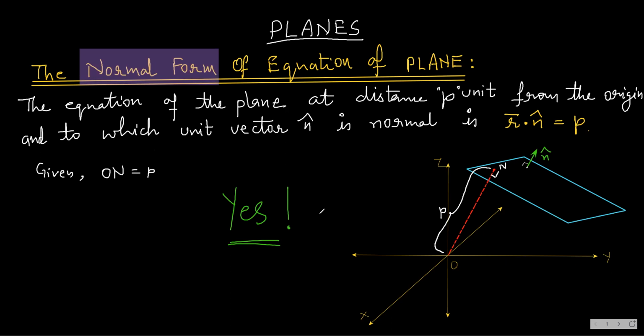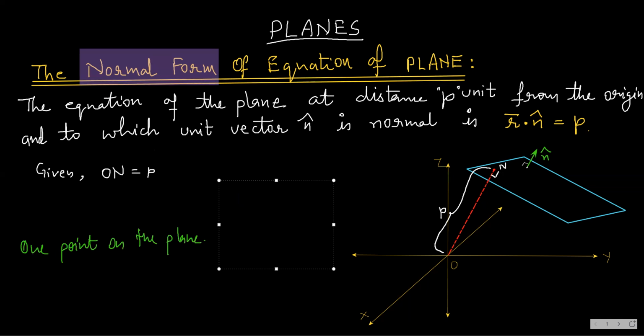Listen, students, what are the minimum required things for getting the equation of a plane? The minimum required things for getting the equation of a plane are one point on the plane.